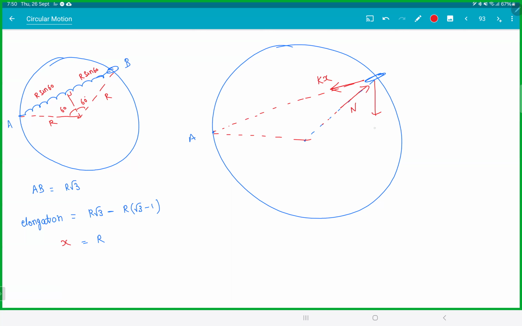This would be your mg. Any other forces? The other three forces. What are the angles? Just now we saw this was 90, this was 60, so this is 30. If that was 30, this was 30, that can't be 60. Wait. That is also 30 only actually.